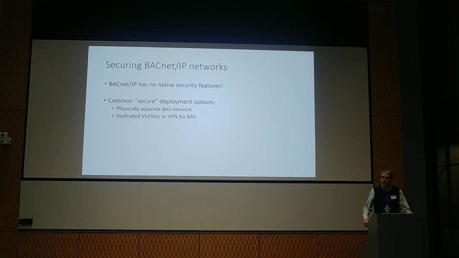And as for security, BACnet IP doesn't have any native security. So how do people try to secure these networks? Well, VLANs are probably the most common technology for doing that.